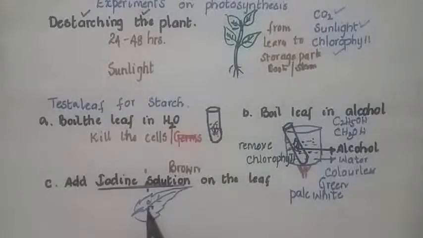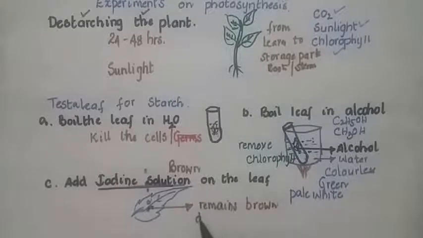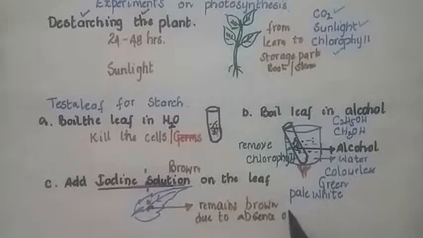So what is that observation you are going to write? In case they ask you to state your observation in that particular part of a leaf, you are going to write it as remains brown. Can you tell me why does it remain brown? Due to the absence of starch. So this you are going to write very clearly.